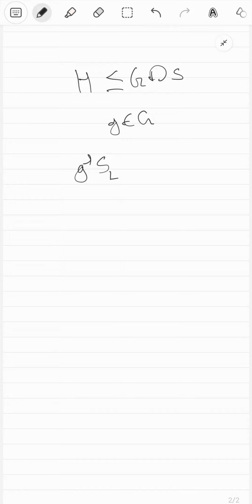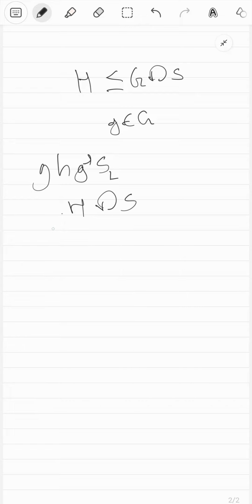So you rename all of these. Then you do whatever operation from H you want to do, and then you do g, right? So essentially whatever operations were happening in the subgroup H, they are still happening. It's just that now they're acting on a different thing. So H acts on S, right?